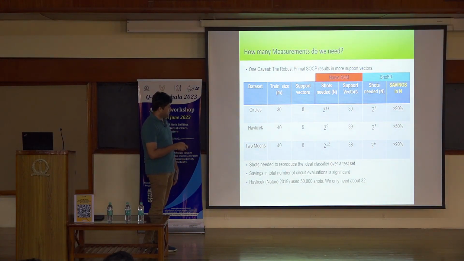But I want to say what kind of savings it can show over the naive SVM. First of all, we derived better bounds, and we are using those bounds to compare. So you can do this chance constraint programming and get upwards of 90% savings in the number of measurements needed in many cases.